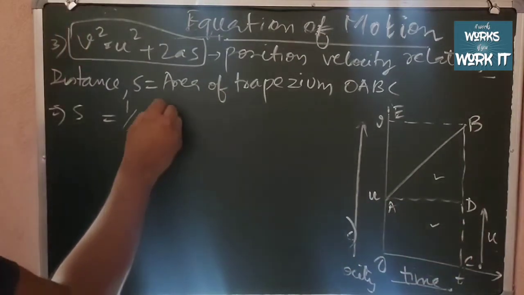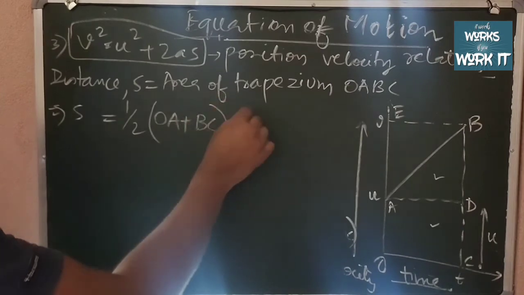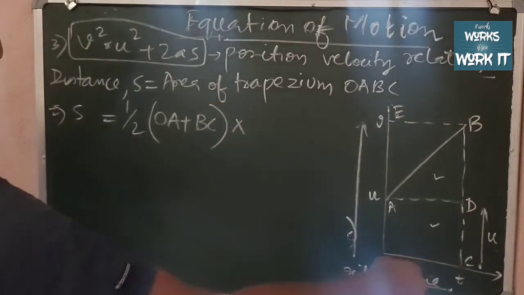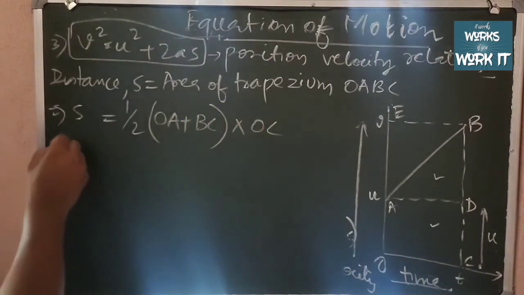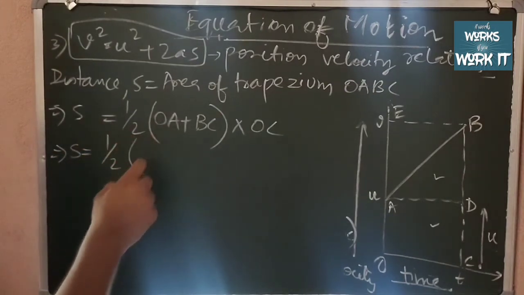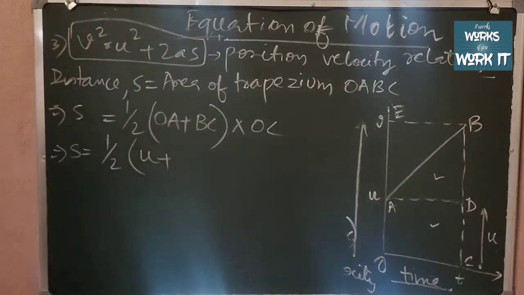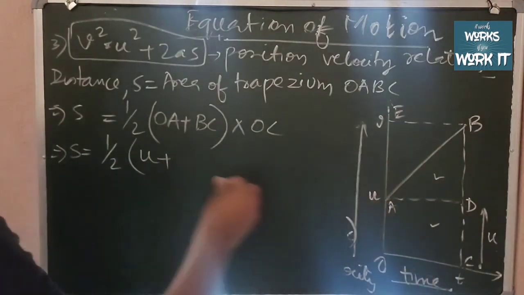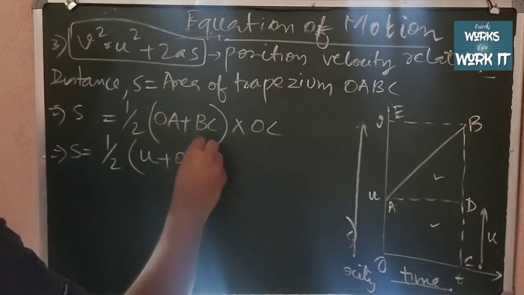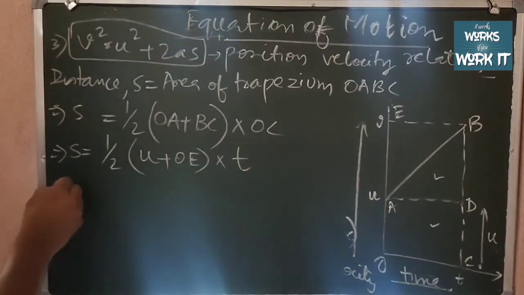Half into the sum of the two parallel sides, that is OA plus BC, into the distance between the two parallel sides, that will be OC. If you see the diagram nicely inside the trapezium, S equal to half into OA, which we can write as U, plus BC we can write as OE, and in place of OC we can write small t.